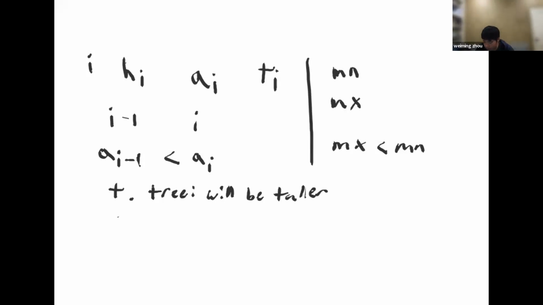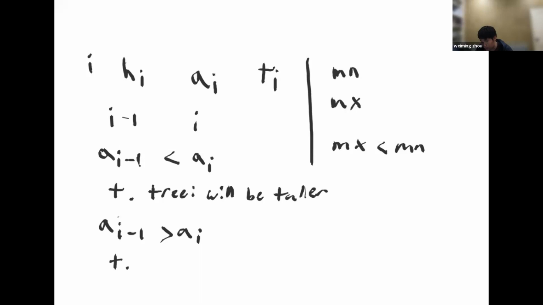And then in a similar logic, if A of I minus one is greater than A of I, there will exist some point t such that before point t, the I minus one tree will be shorter than the ith tree. After this time, it will have caught up, and since it grows at a faster rate, it won't be passed again. Of course, this time may not necessarily exist.